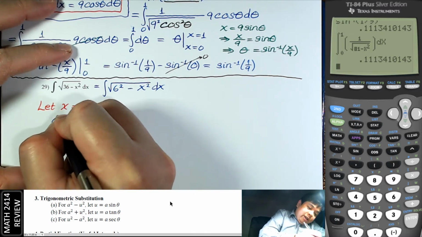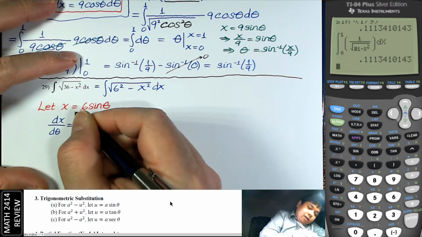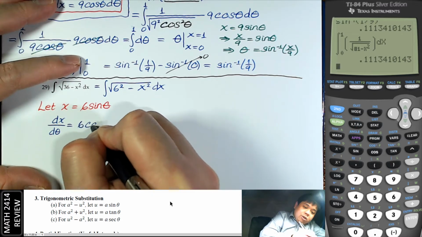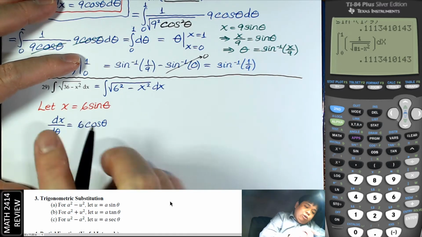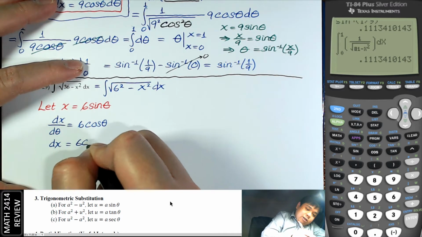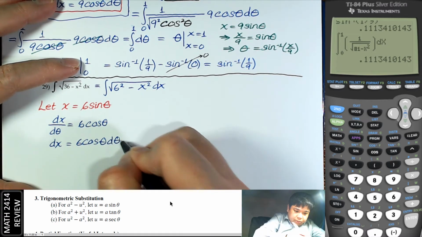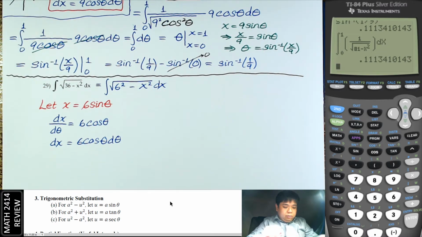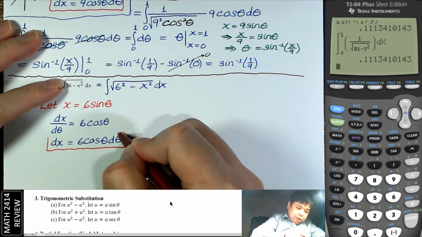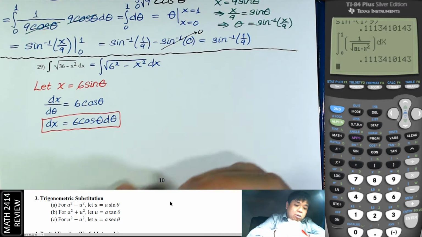We'll take the derivative. It will be 6 cosine theta, and move the d theta. Usually this problem involves solving back in terms of x, so I'm just going to leave the space here.